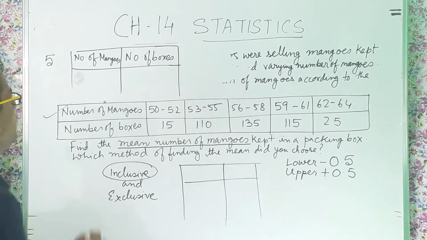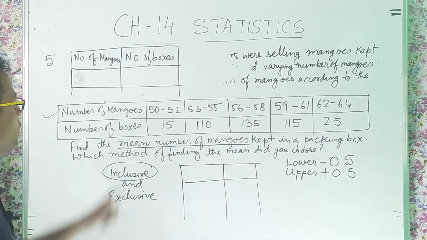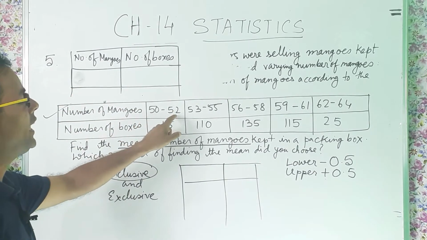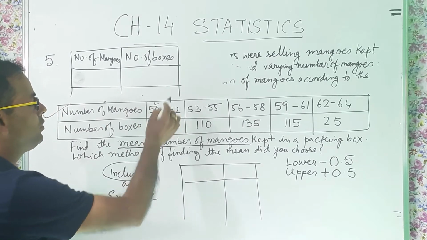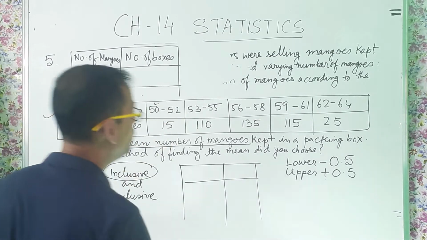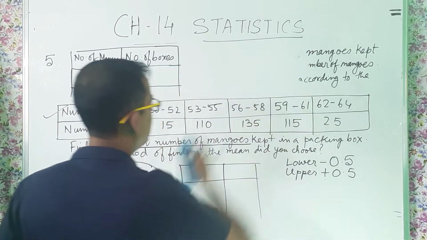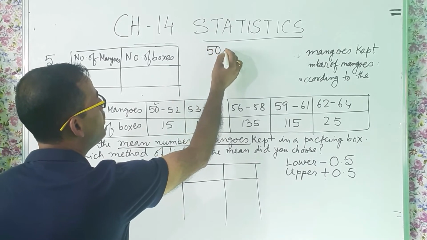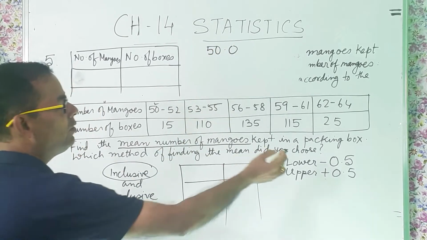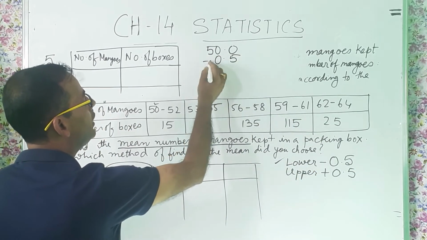Now the first one is, see nicely, in the question the first one is 50-52. So the lower is which one? 50. So if I want to convert it, what I will do? I have to do rough. 50 is the lower. So 50 means 50.0 and I will subtract 0.5.